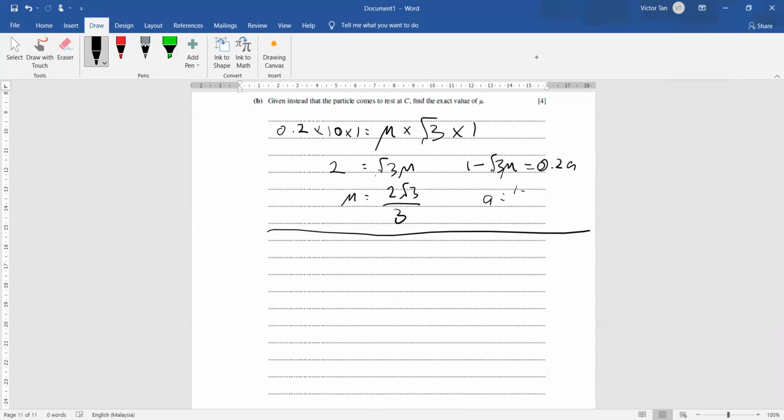A equals 1 minus root 3 mu over 0.2. So it is 5 minus 5 root 3 mu.